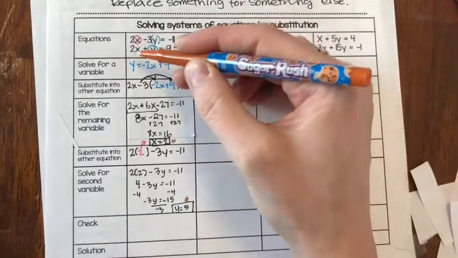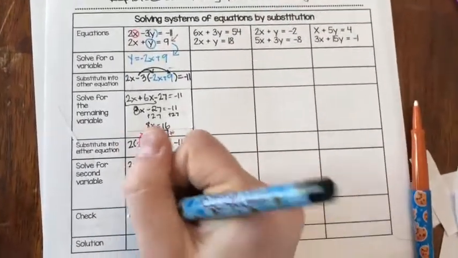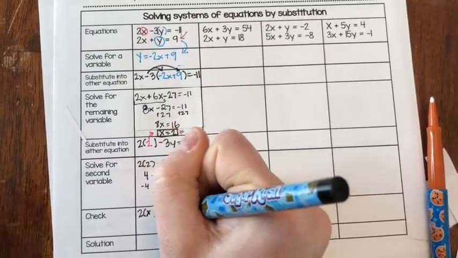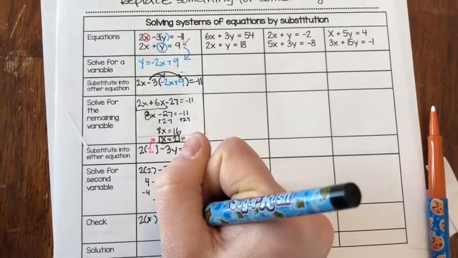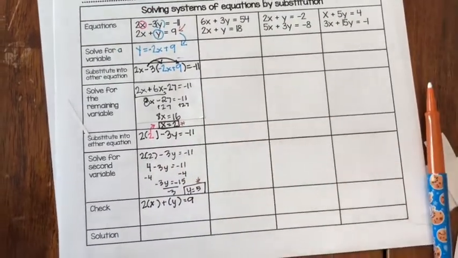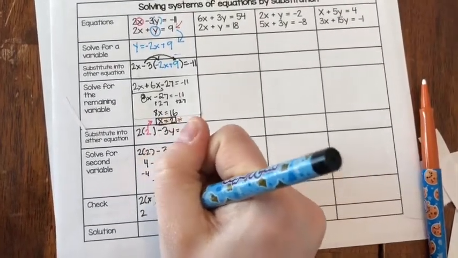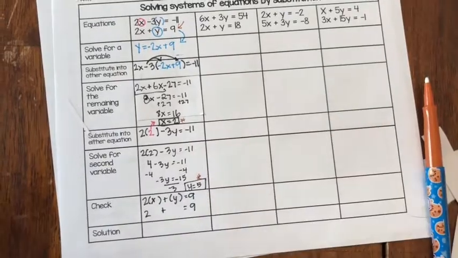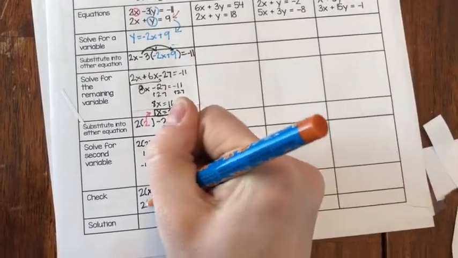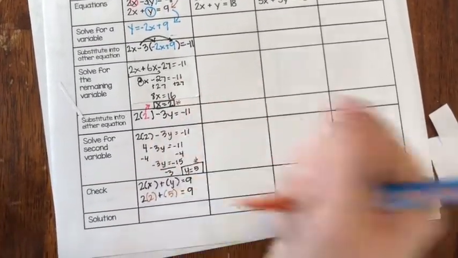So we're going to substitute both our x and our y. So we end up with 2 times x plus y equals 9. And we said that my x was 2 and my y was 5.